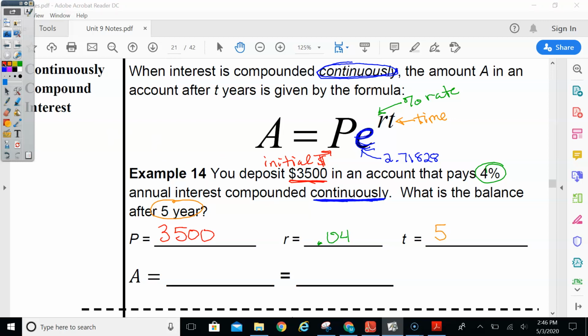Alright, so A equals the principal amount, $3,500. It's compounded continuously, so we're going to use the E, so 3,500 times E, and in the exponent we're going to multiply the R and the T. So multiply 0.04 times 5.